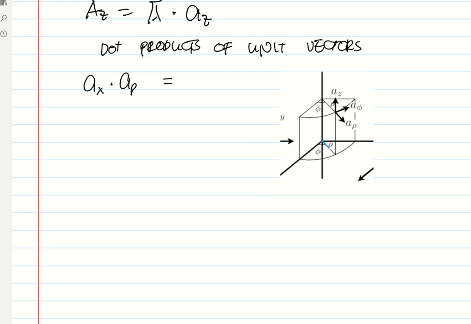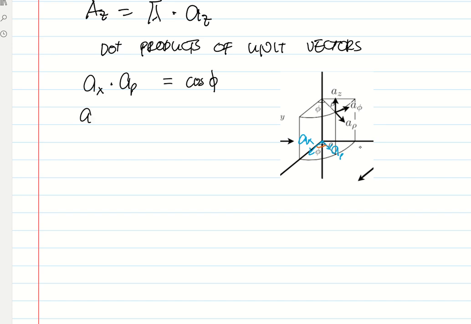So where is our a x? Our a x is in this direction. What's the angle between them? The angle between them is just this angle, which is equal to phi. Therefore, a x dot a rho is just equal to cosine of phi.